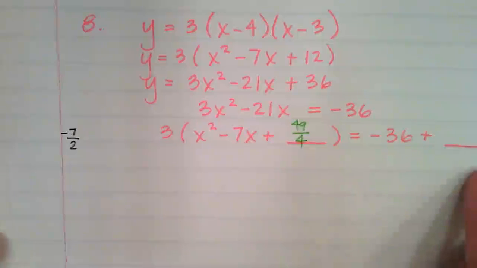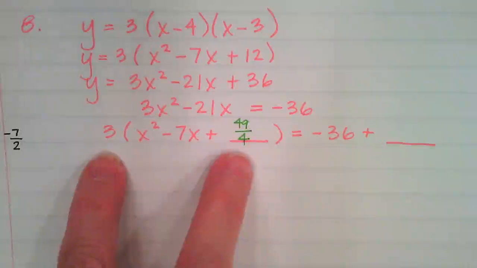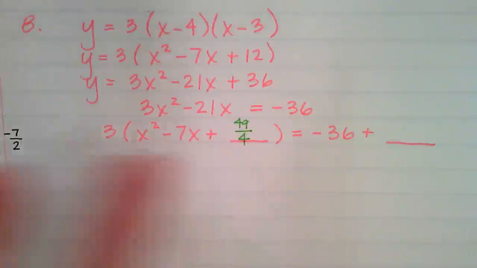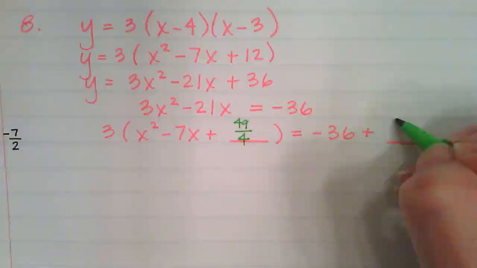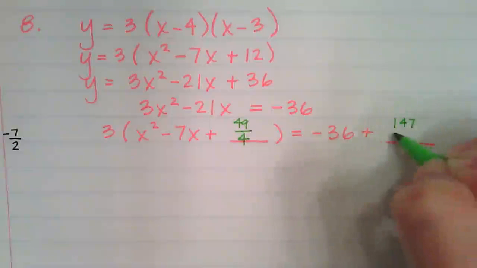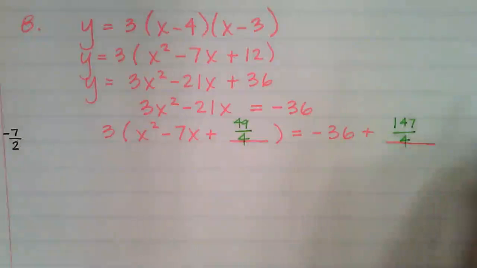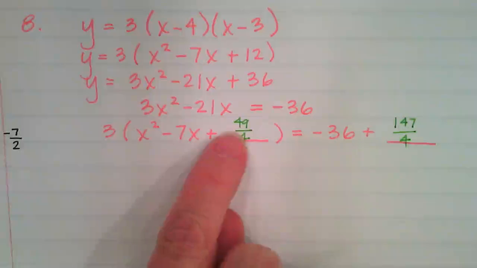All right, now, on the other side, however, I need to multiply these two together. So when I go to put this on the other side, it's going to be 147 over 4. So what I did here is I multiplied 3 times 49.